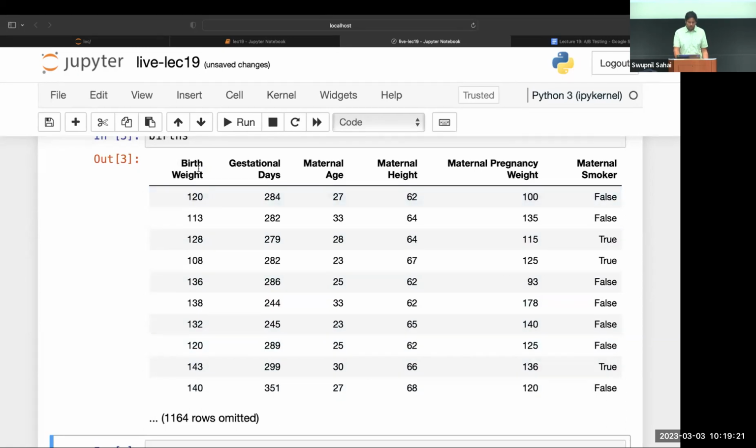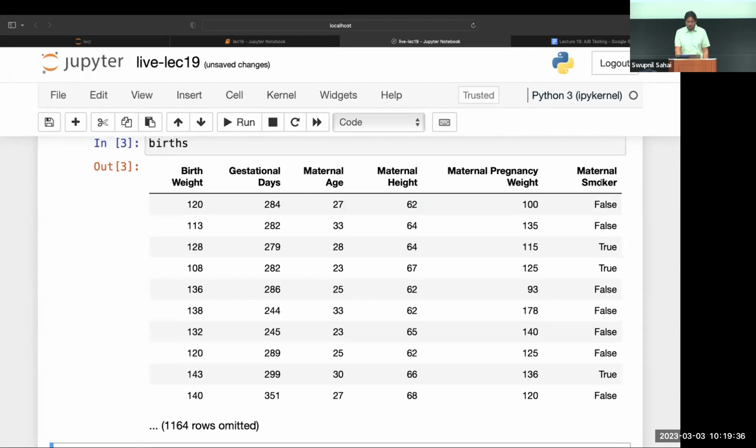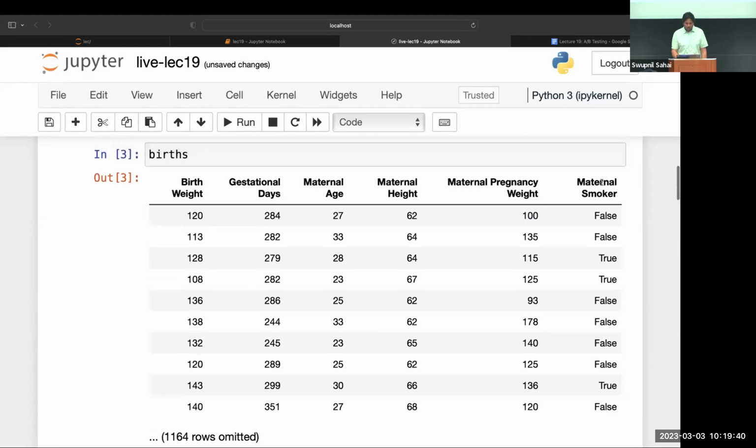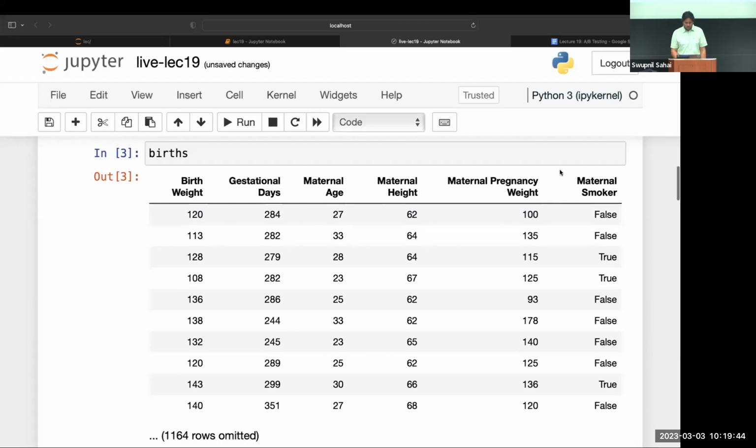We have the weight of the baby when they were born in ounces, how many days they were in the womb, the age of the mother, the height of the mother in inches, and the weight of the mother in pounds. And the last one, which is kind of interesting, is whether the mother was a smoker or not. This is from a while ago, but it's potentially interesting to look at and see if there are any differences between categories of people within this data set.